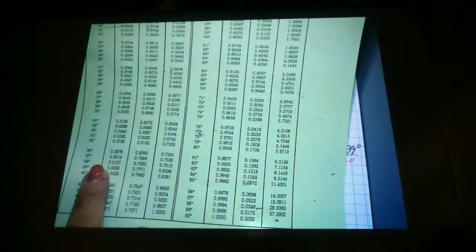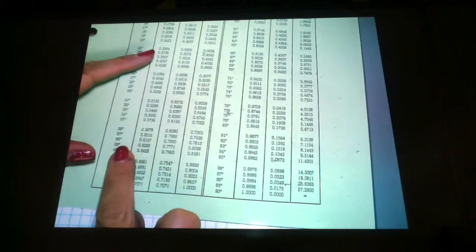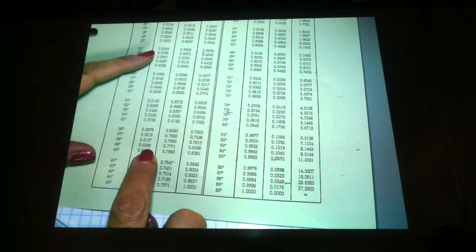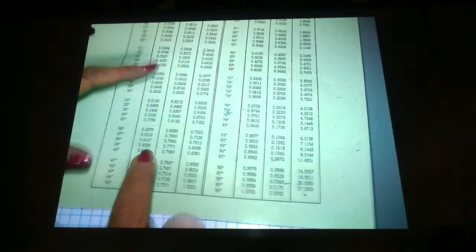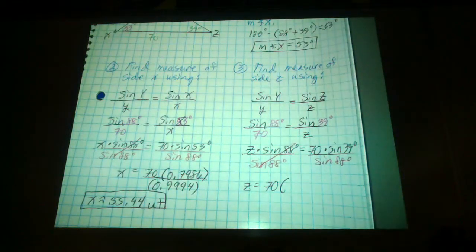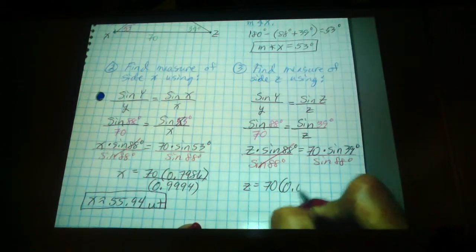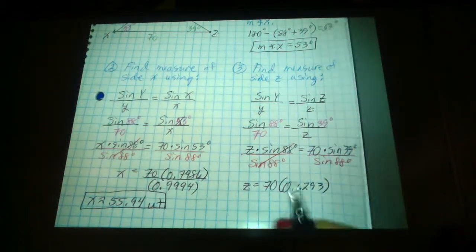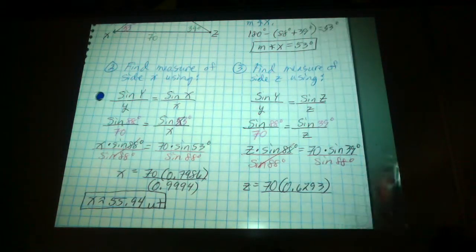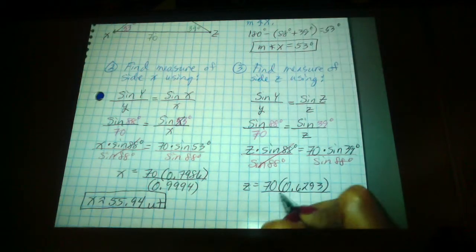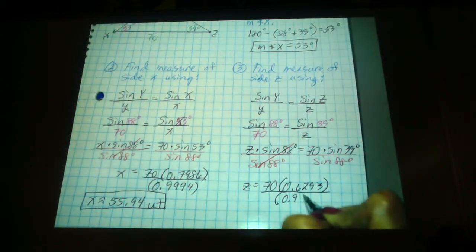So here's 39, and then sine is 0.6293. Divided by, and then the sine of 88 is what we used before, so divide by 0.9994.